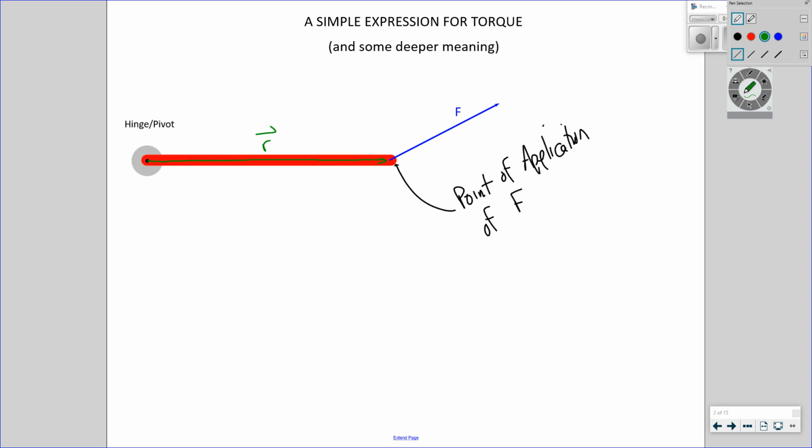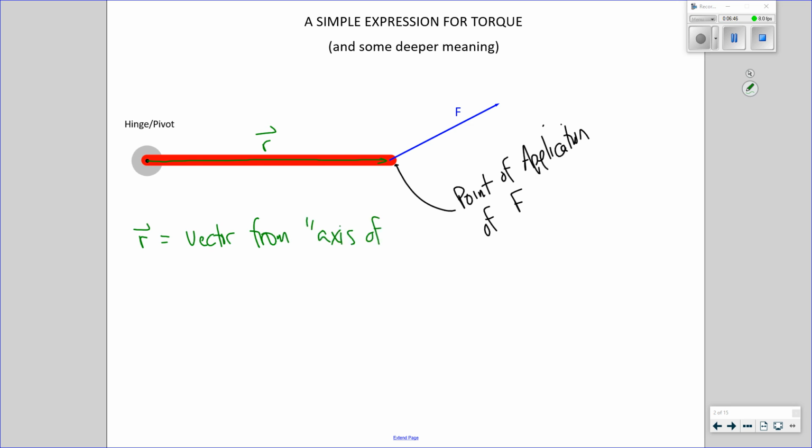That vector r is a vector from the axis of rotation to the point of application of force F. I really recommend you should absolutely know that definition. The definition of r is super important.